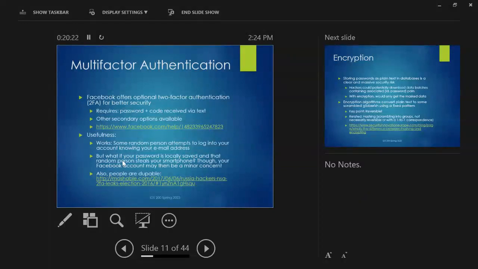Anyway, the usefulness of multi-factor authentication is for when some random person tries to log into your account and they have your username and password, right? Where it's not going to work is if your username and password is stored locally on your device, right? Like somebody lifts your phone and you don't have it with any kind of lock screen, and they just get in there and they say, oh, I'll try this banking app and see what I can do with that, right?